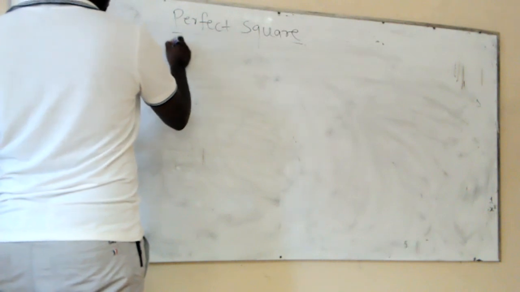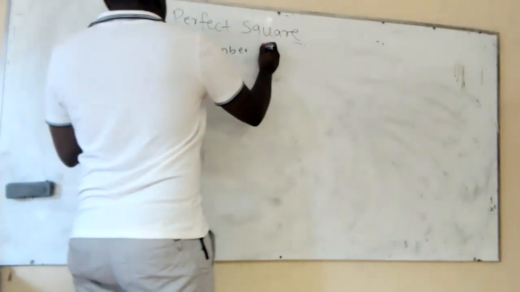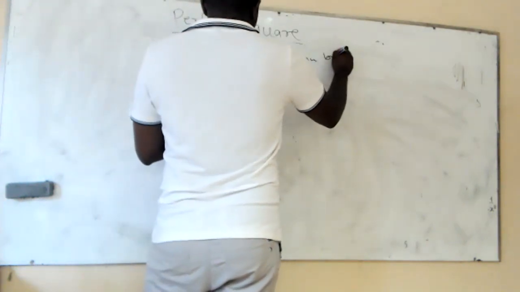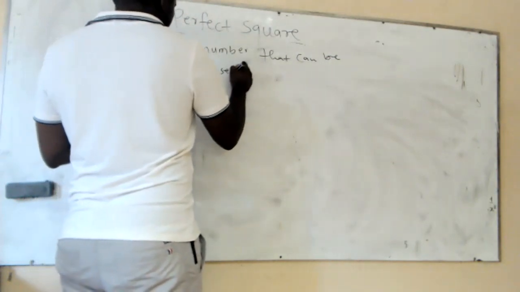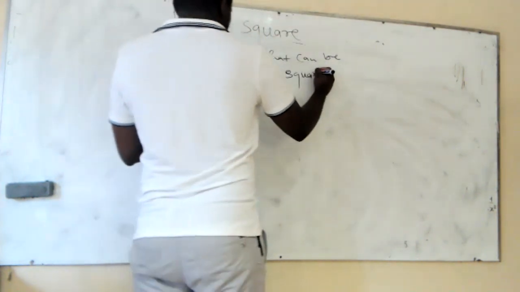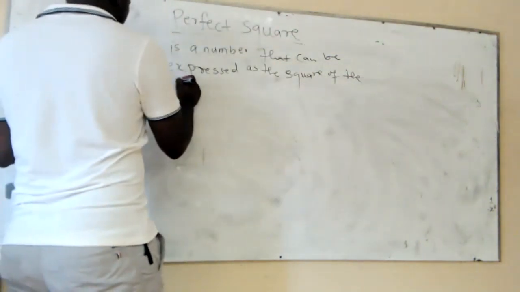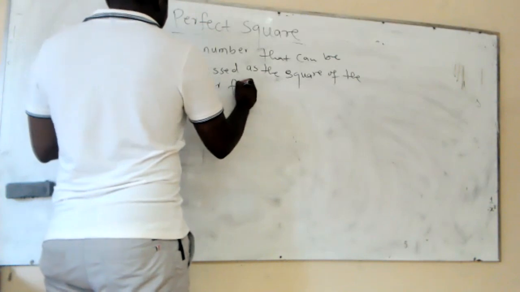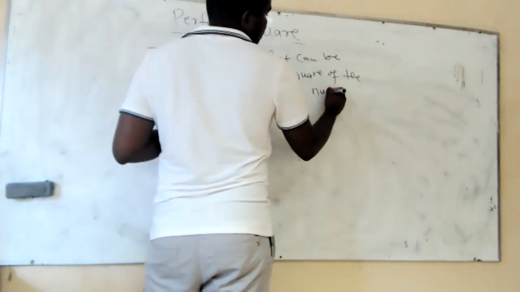Perfect square in this case is simply a number that can be expressed as the square of a number from the same number system.